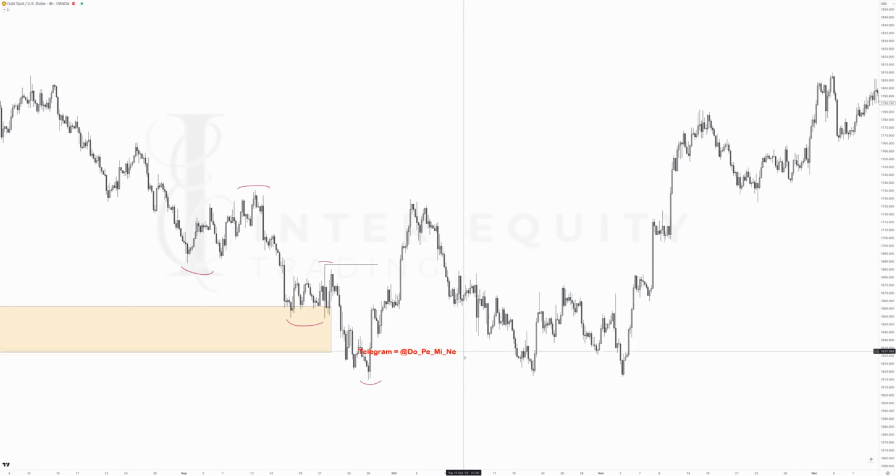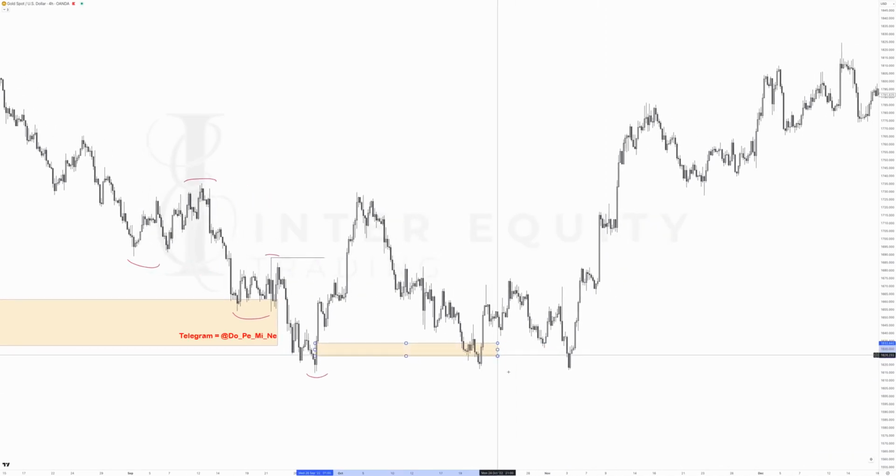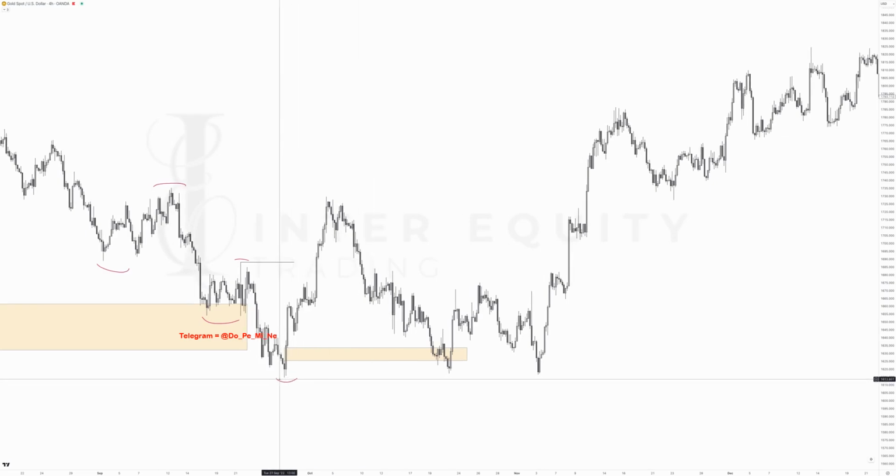And after breaking the structure, you'll see that the market actually pulls back and comes into the extreme to fill this imbalance, okay? So this imbalance right here gets filled completely, and then without breaking this low, respecting this right here, because this is the lower low, which led to the break of structure, printing this higher high, so potentially pulling back, creating a higher low, and then breaking structure again, right?